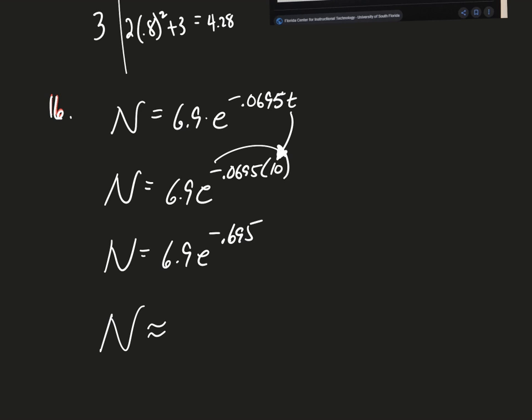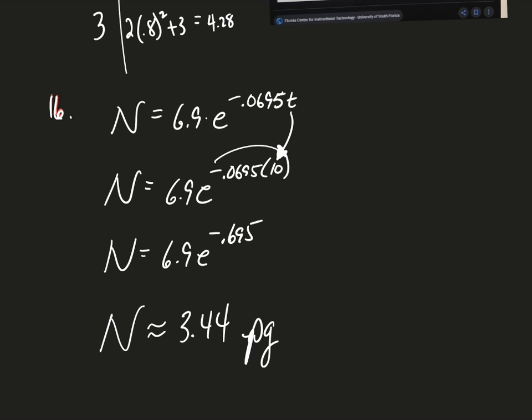So 6.9 times E raised to the negative 0.695 power. And if I punched it in okay, I got approximately 3.44. And I forgot the abbreviation for picograms. I think that's PG, if I remember right.